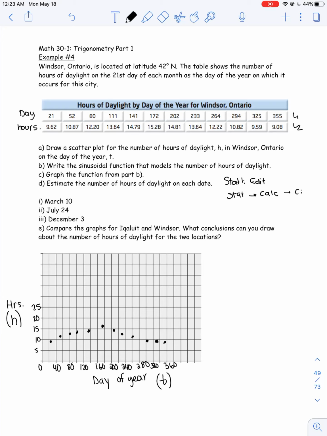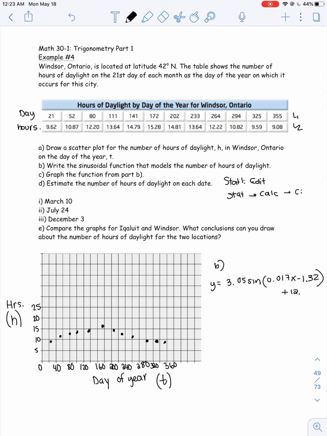You should find that if I were to write the sinusoidal function that matches this, I could write y equals, your A value is 3.05 sine, then your B value, which is 0.017, then x plus c, where c is minus 1.32.